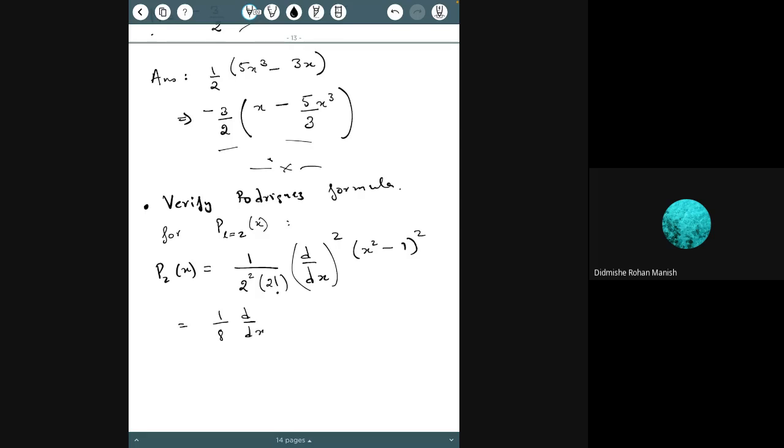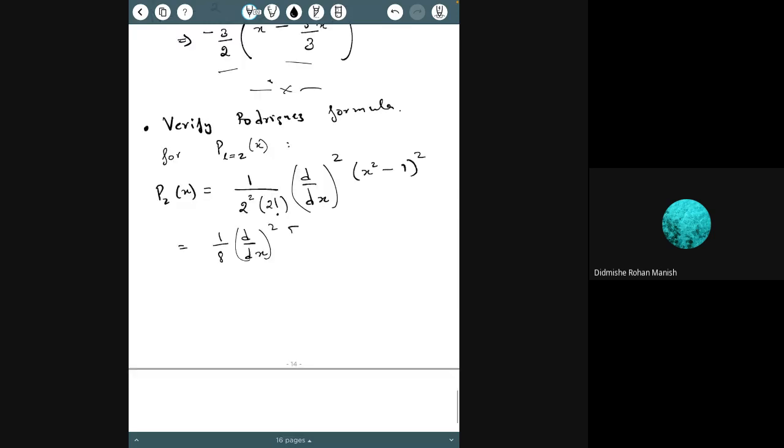D x square of, okay, we'll do 1 d/dx already. So if I do d/dx of this, then I have 2 into x square minus 1 into 2x. Okay.